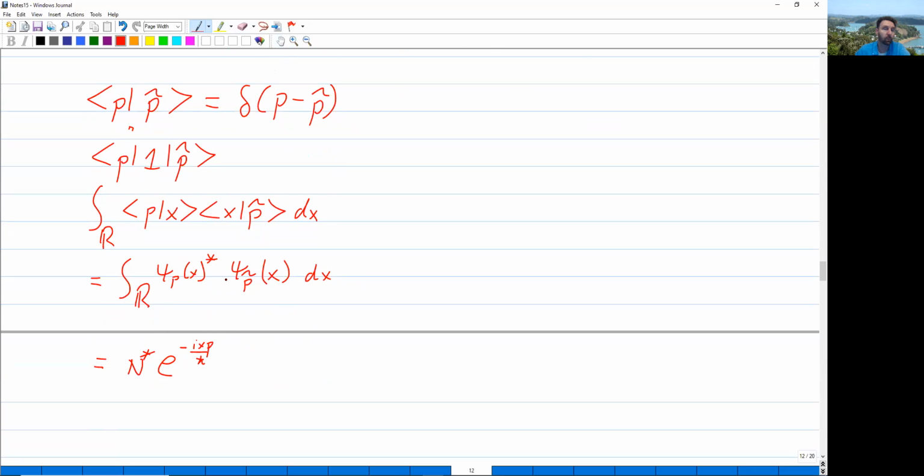It's this plane wave, and we now have to complex conjugate it, and we multiply that with n e to the power of i x p tilde over h bar. Sorry, that needs to be integrated over R dx. So this is n star, and then the integral over R of e to the power of minus i x (p minus p tilde) over h bar dx.